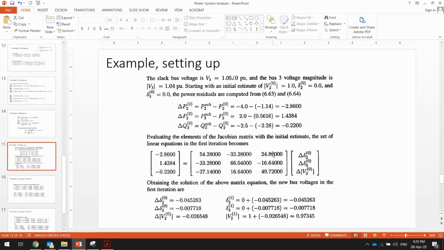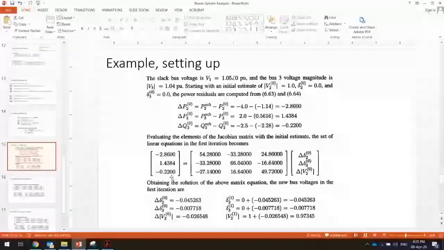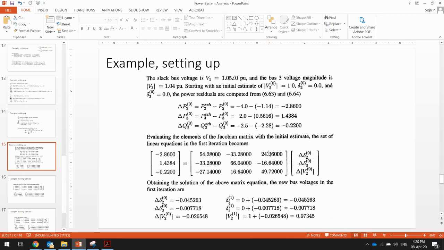Whether this row is for P2, this row is for P3, and this row is for Q2 depends on the order of arrangement here. If we arrange P2 as the first one, P3 as the second one, and Q2 as the third one, then this will be for P2, this will be for P3, and this will be for Q2.